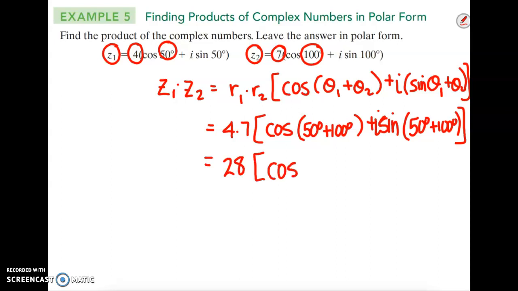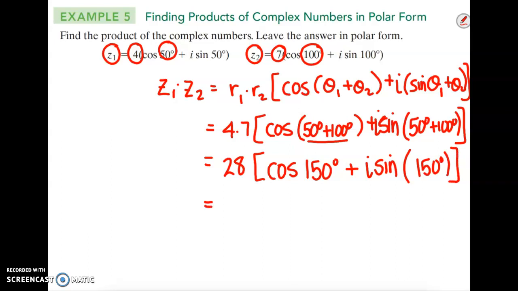Quantity of the cosine, add 50 degrees and 100 degrees, which is 150 degrees, plus i sine of 50 degrees plus 100 degrees, which is another 150 degrees. And we are done.